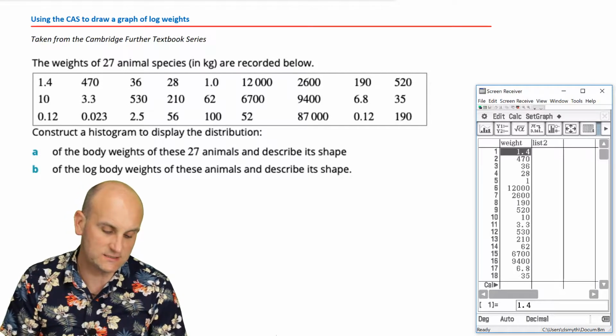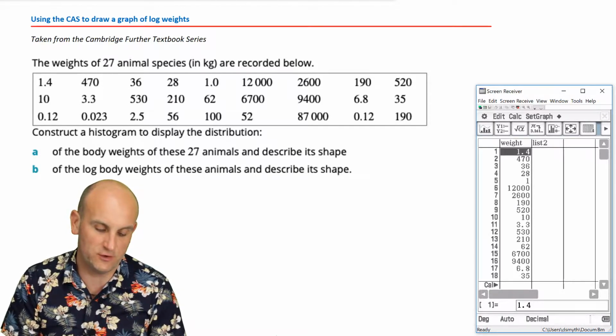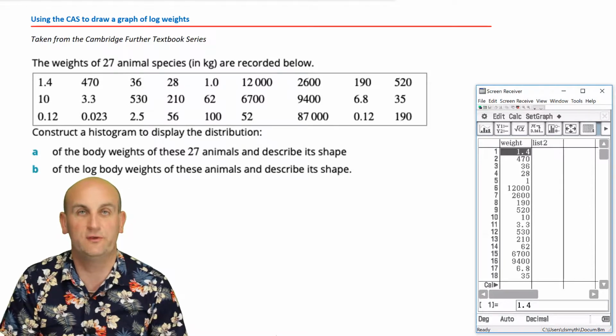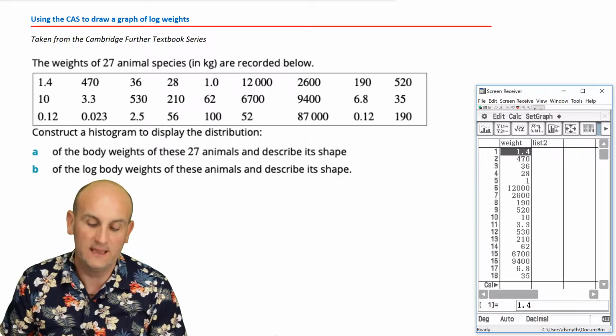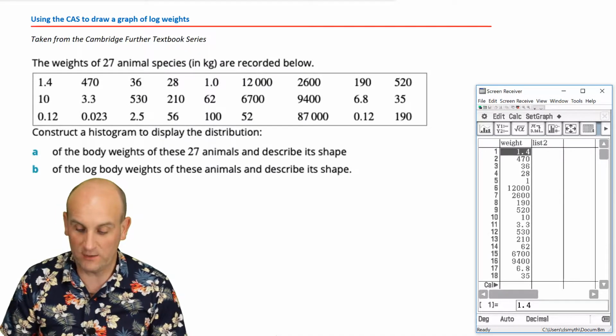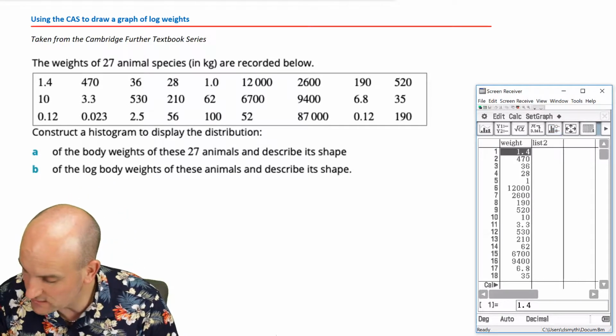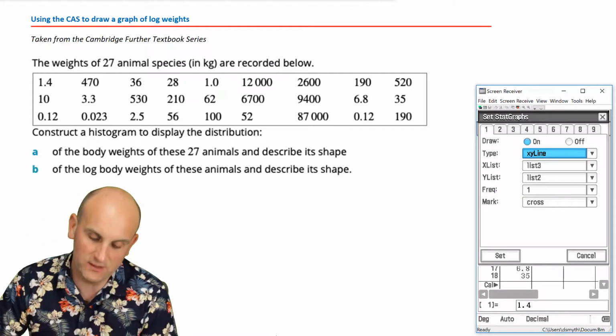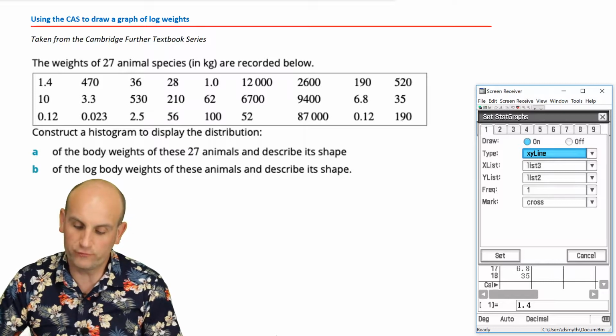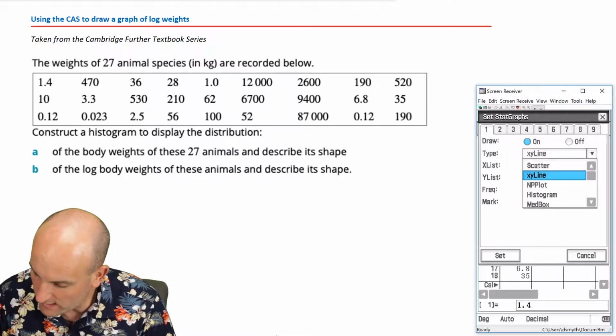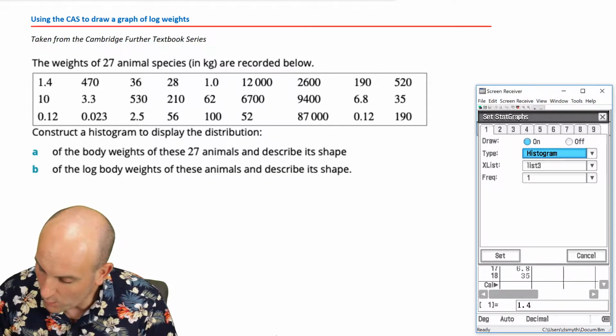Now the question says construct a histogram to display the distribution of the body weights of these 27 animals. It says nothing about the logarithm, it just wants the body weights. How do we do this? Well, we press the button that brings up the graph, the set stats graph. We want draw on, but we certainly don't want this XY line because we want a histogram. What list do we want?